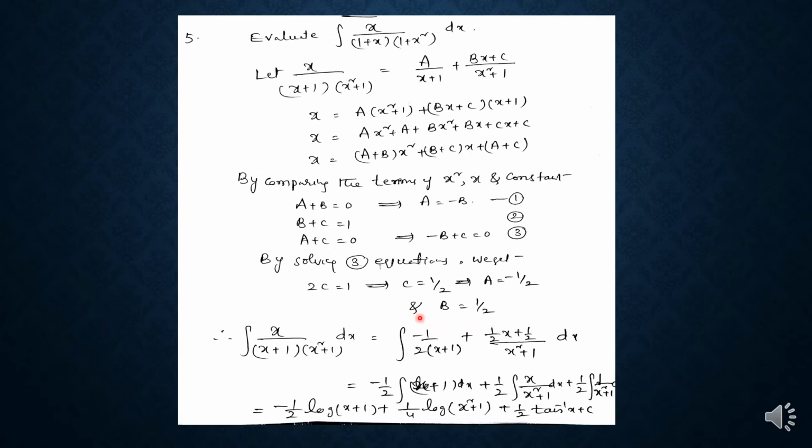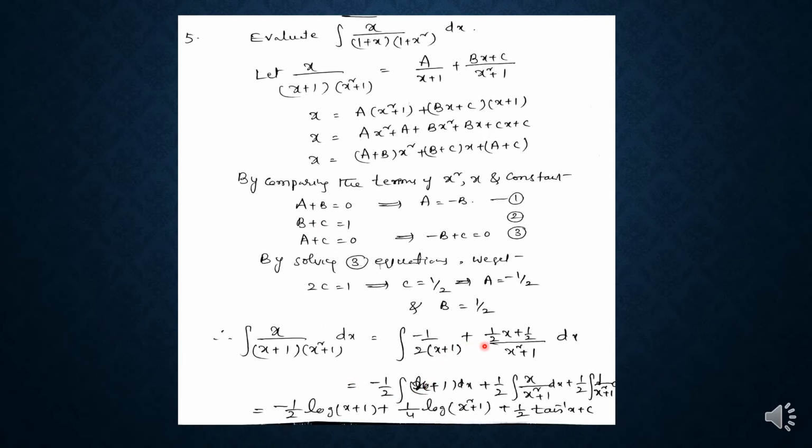Now substituting these values, a is equal to minus 1 by 2, b is equal to 1 by 2 and c is equal to 1 by 2 in the given integrand, integral x by (x plus 1) into (x square plus 1) dx, can be written as integral a by x plus 1, minus 1 by 2 into x plus 1, plus bx plus c by x square plus 1.